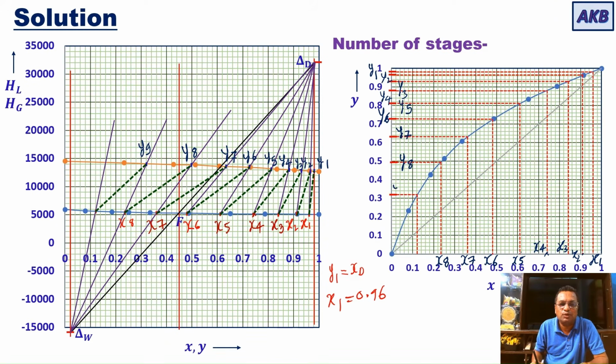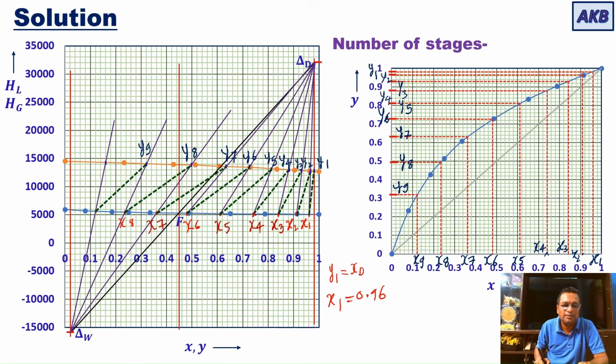So we are locating y9, 0.32, then going to the equilibrium curve and then reading the value of x9, which in this case is 0.12. So let us come with this value of x9 and locate that over here.